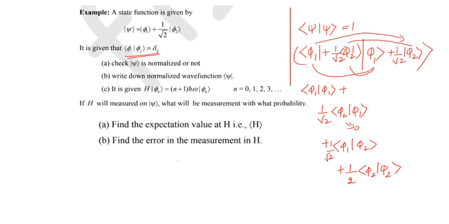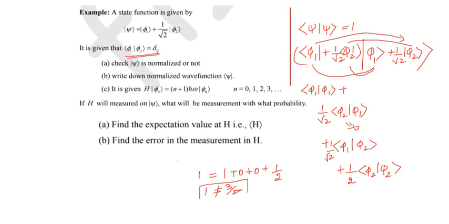So you'll be getting 1 plus 0 plus 0 plus 1 by 2 into 1. So it is not 1, isn't it? 1 plus 1 by 2 is 3 by 2. So this is not equal to 1.